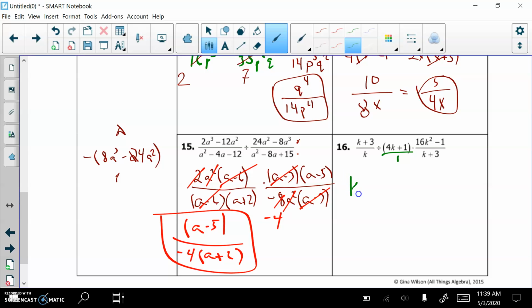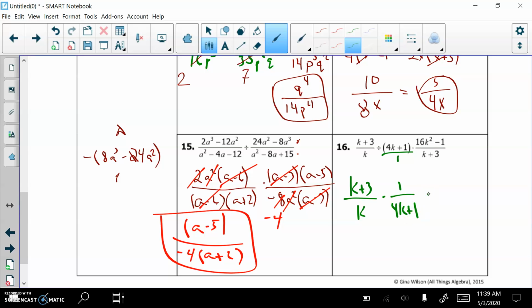All right, so that gives me K plus 3 over K. Do not cancel monomial with binomial. You cannot cancel those K's. Change this to a times 1 over 4K plus 1.